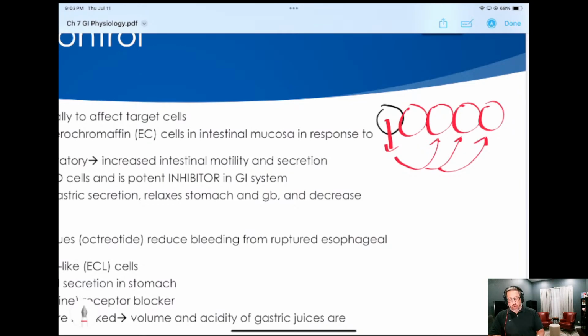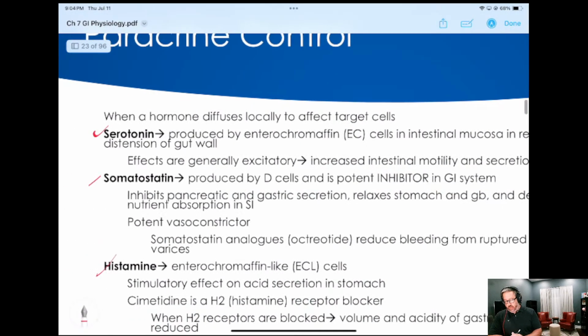If it was autocrine, then it would affect itself. We did that a little bit today in endo with regards to paracrine and autocrine control. Paracrine is going to affect target cells, but they're very, very local.